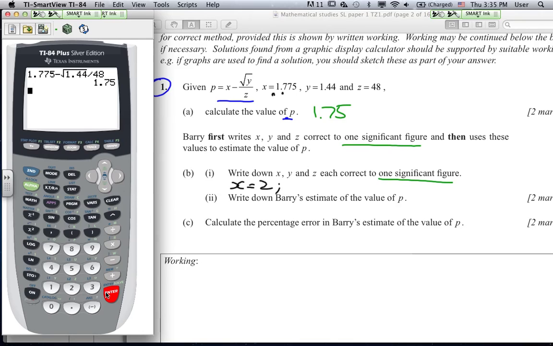For y, this 1, but then we've got the 4, so y will equal 1. And then the z, this is your one significant figure, and here your second one is 8, but it needs one significant figure, so your z is going to be 50.